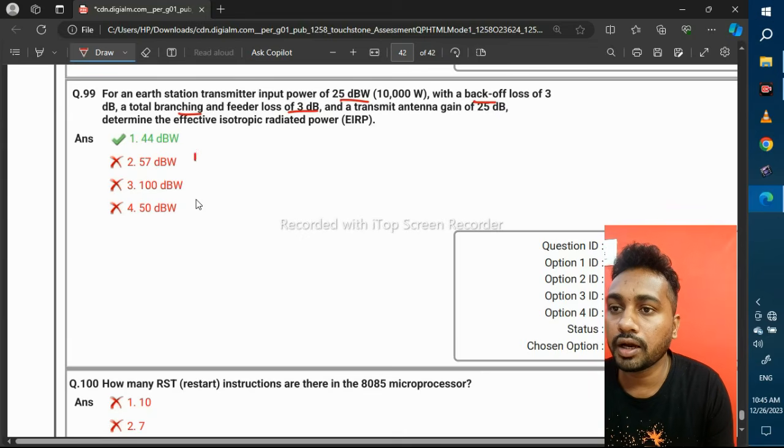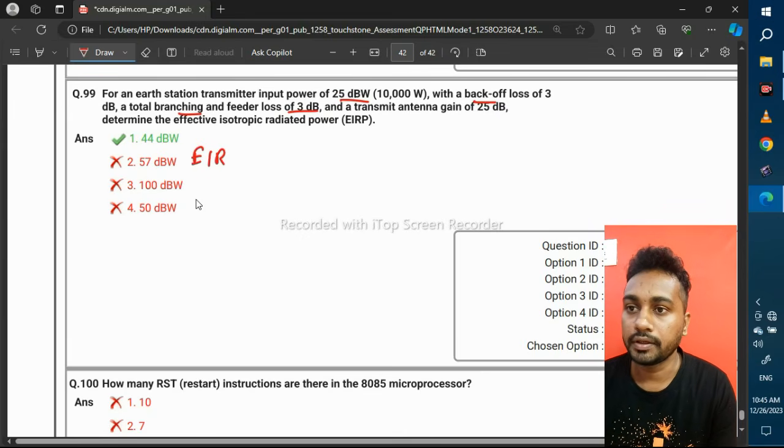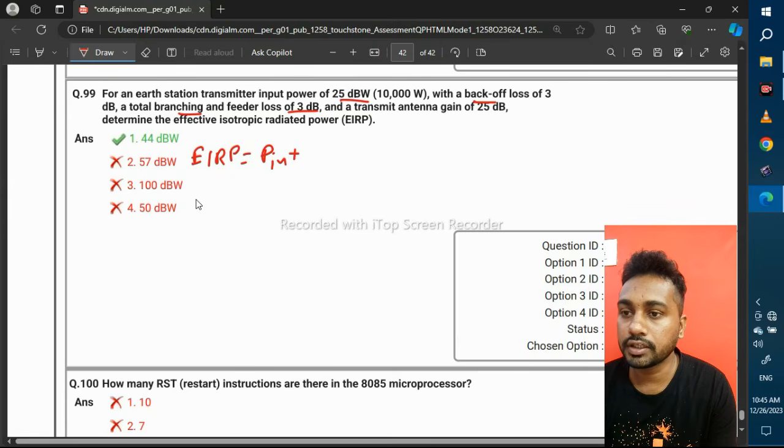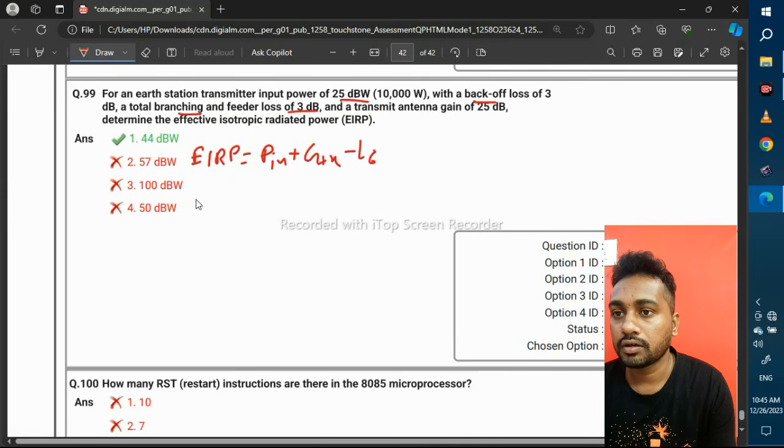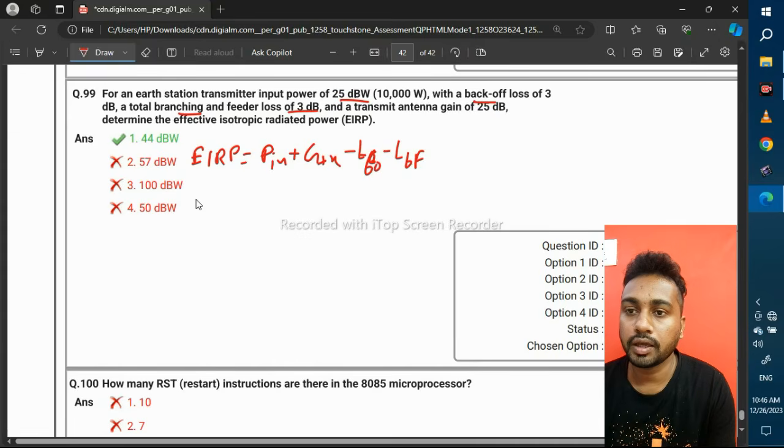So EIRP is P in plus G TX minus L BO minus L BF.